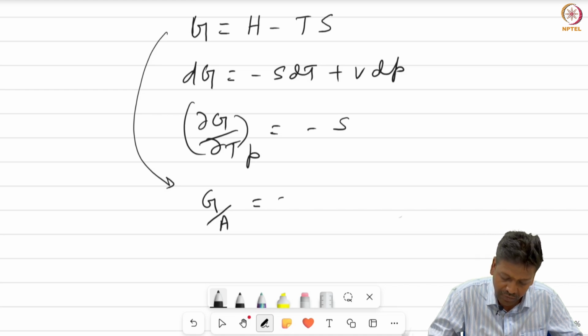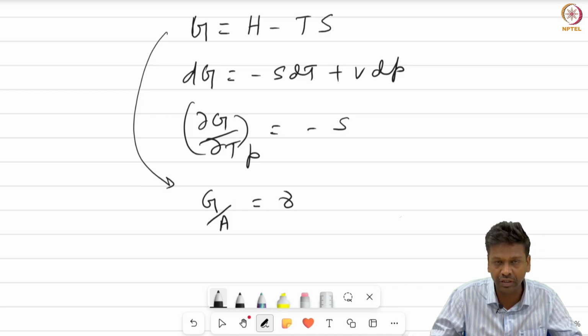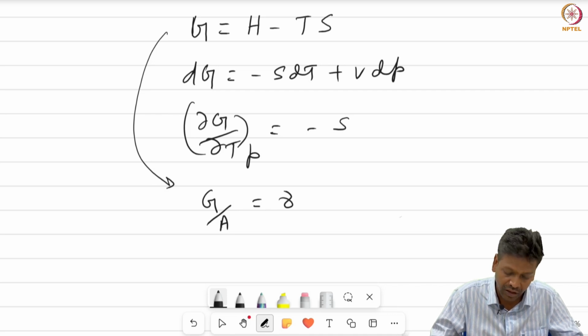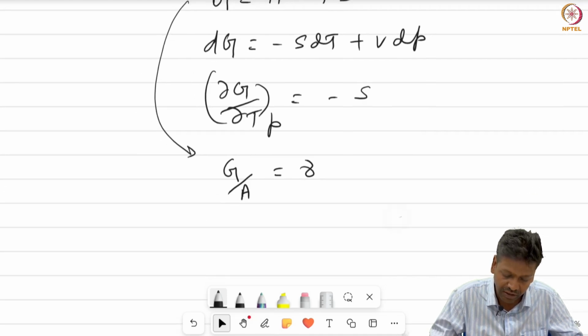This is also nothing but gamma, which is surface tension. This notation is sometimes used without differential form. So G by A, Gibbs free energy per unit area, is nothing but surface tension.